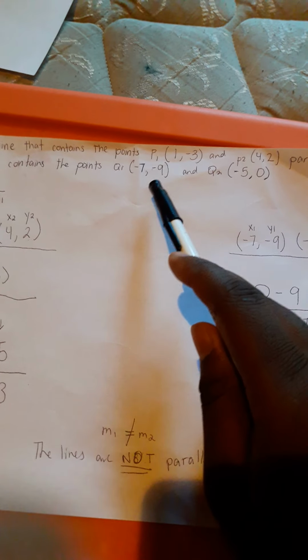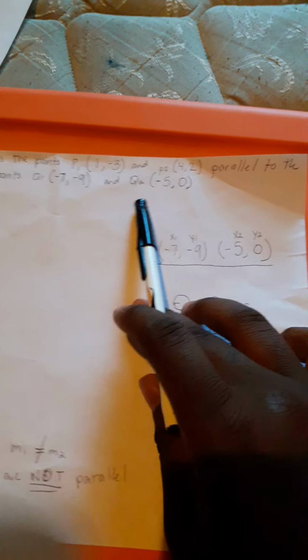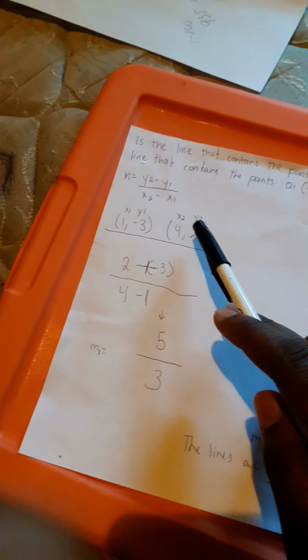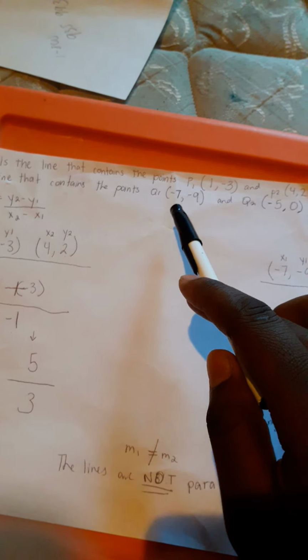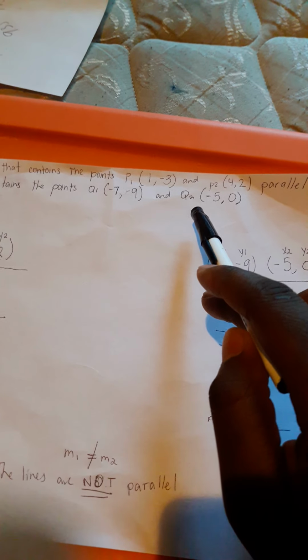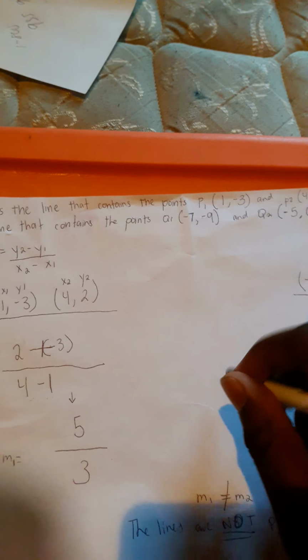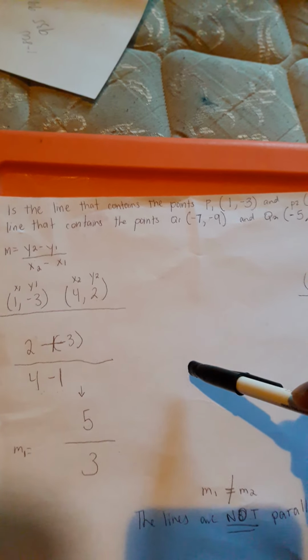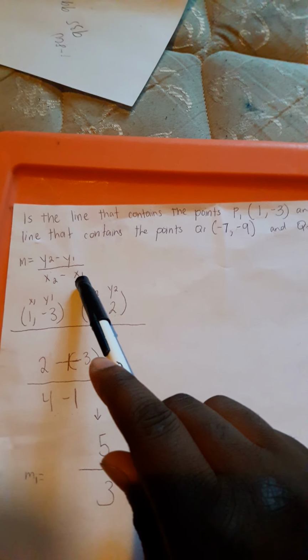Next example is a line that contains the points P1 (1, -3) and P2 (4, 2), parallel to the line that contains the points Q1 (-7, -9) and Q2 (-5, 0). So remember, this is a parallel question, so basically we have to see if they're the same. So we're going to use this equation again.